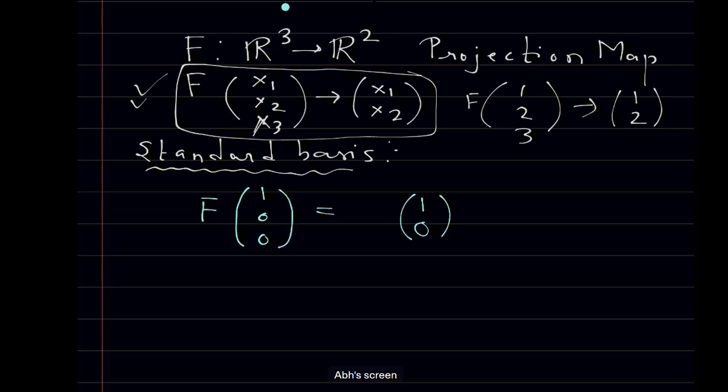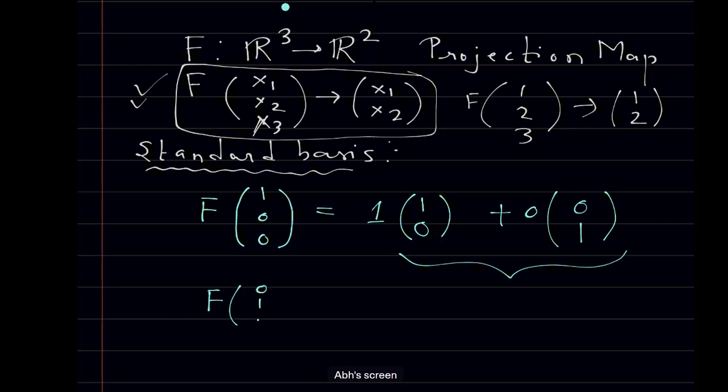Now you want to write this in terms of the basis in R2, so you have to write the coefficients. Here the coefficient will be 1, here the coefficient will be 0. Similarly, when f acts on (0, 1, 0), then according to the projection you will get (0, 1).